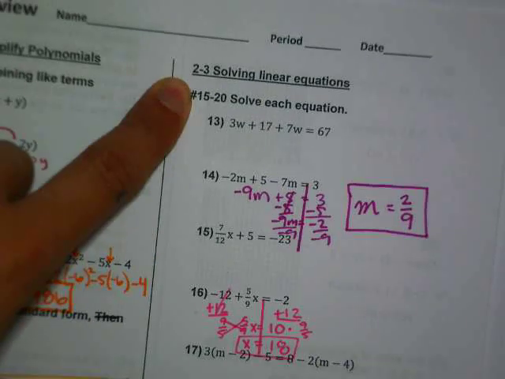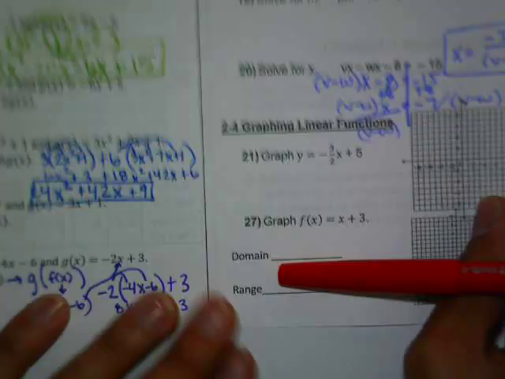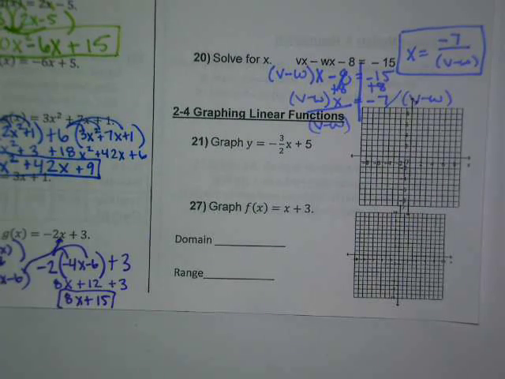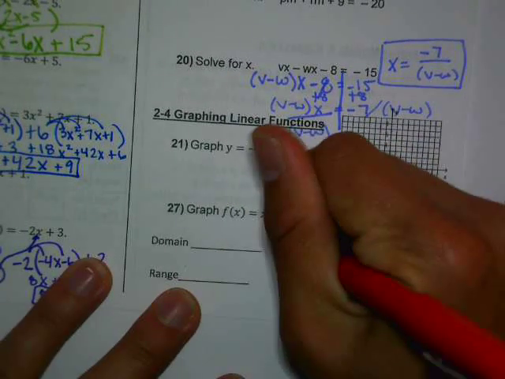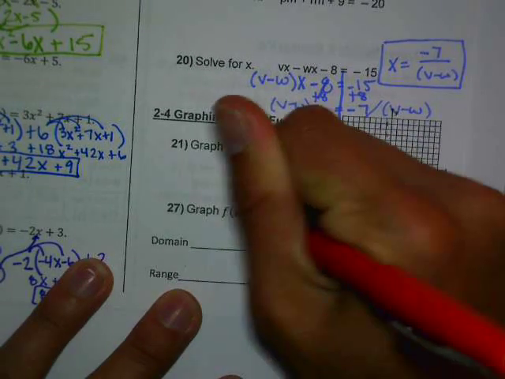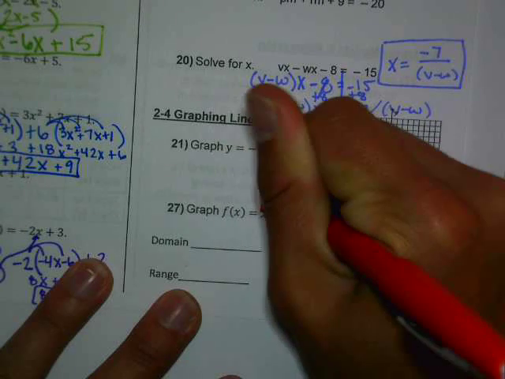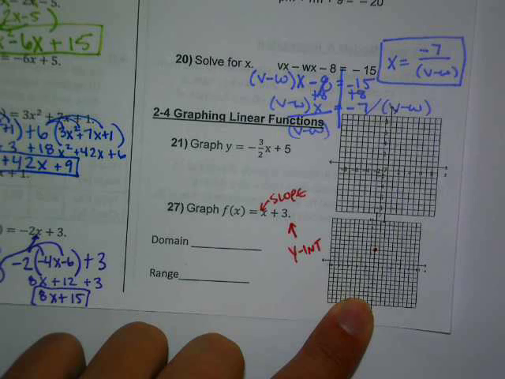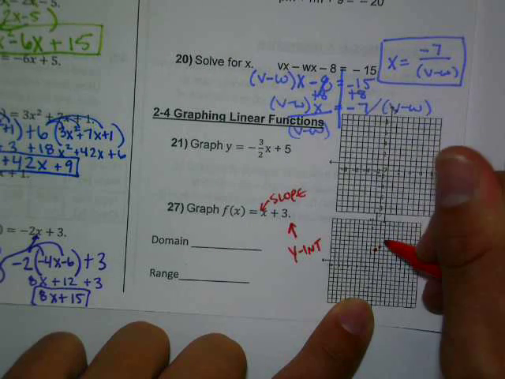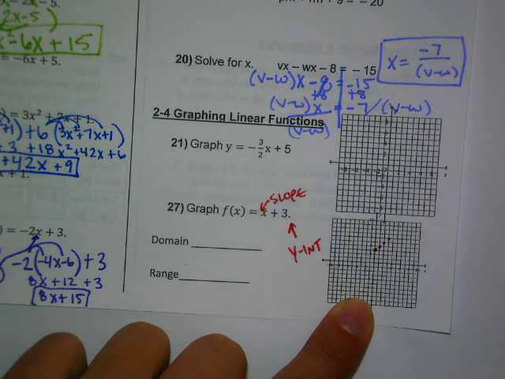2-3. All right, 27. I'm sorry, your graphs are so tiny. I try to fit everything on one paper, so do your best with the graphs. But know that this is your y-intercept, and the number with the x is your slope. So your y-intercept here is at 3. And your slope is up 1 over 1.